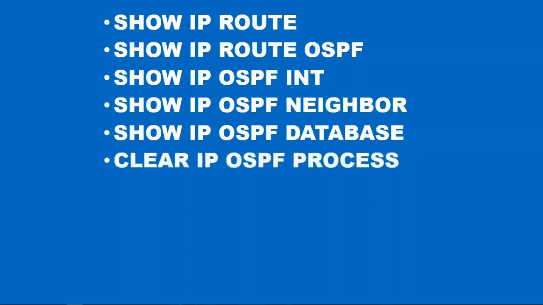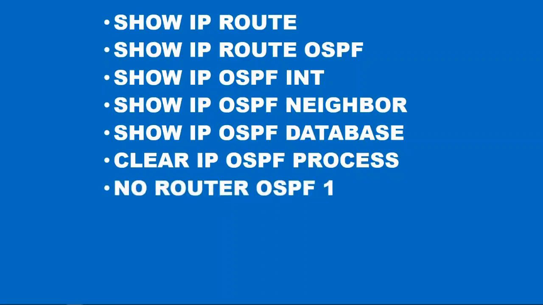And to reset the OSPF process on all routers, you can simply type clear ip ospf process, which you should enter in privileged mode, right? All these show commands are in privileged mode, and the clear ip ospf process should also be entered in privileged mode.